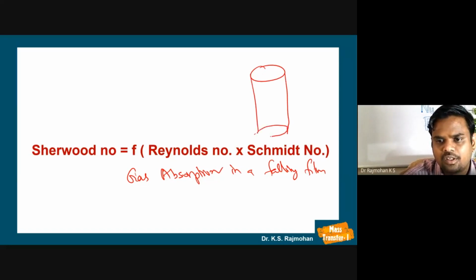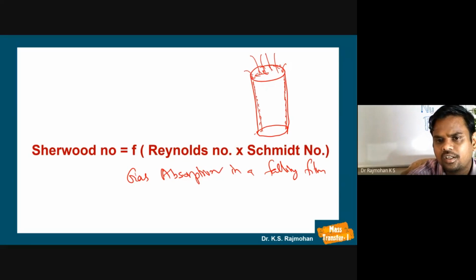In the mass transfer laboratory, you will be performing this experiment next time. You'll have a thin liquid layer, like a falling film, because the liquid is continuously flowing down. The diameter is so big, and we have air flowing across it.